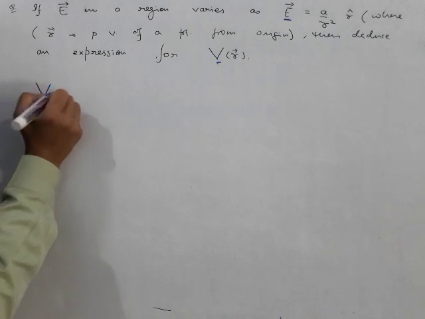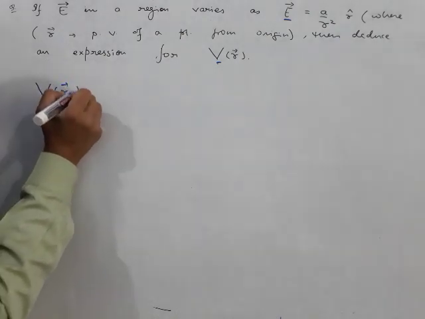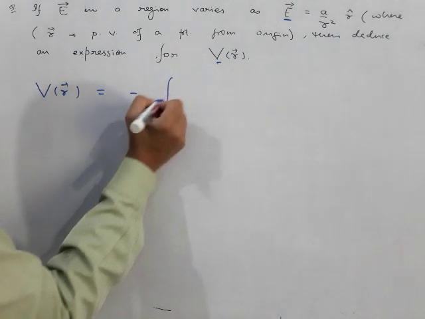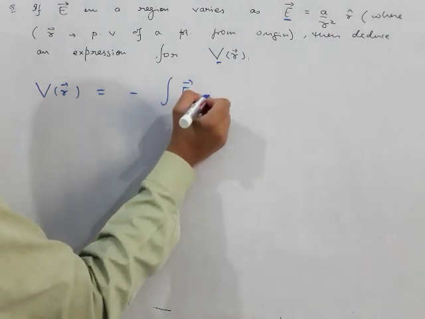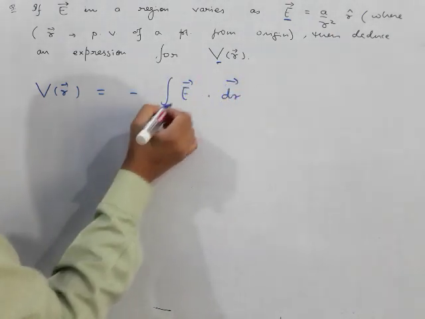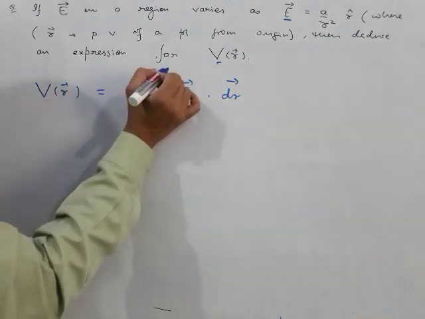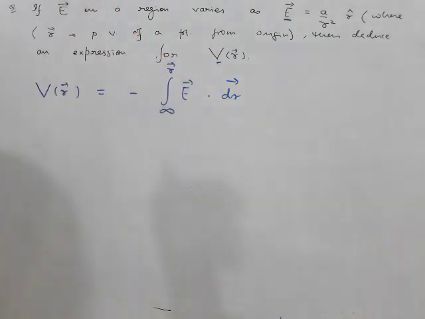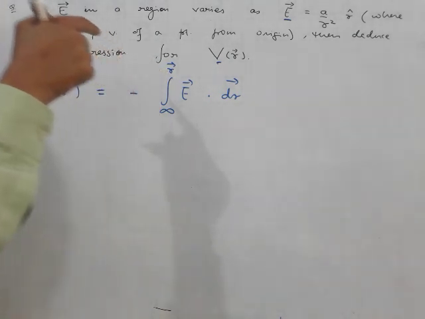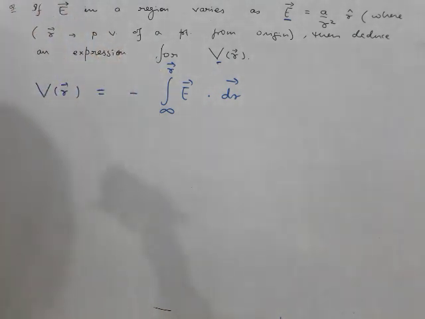So you know students, if you know the electric field, the potential is given by the formula minus integration of E vector dot dr vector from reference point infinity to the given location which we write as r vector. Now r vector is the location of that point, so that distance is r.